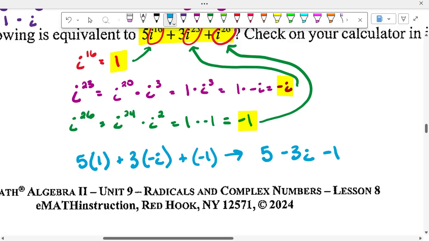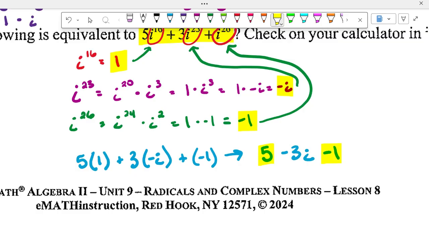Now, combine like terms. What's the only thing I can combine? We can only combine the 5 and the negative 1. Why can we not combine the negative 3i with it? It has an i, which means it's not a what number? Real number. You can only combine real numbers with real numbers, imaginary numbers with imaginary numbers.